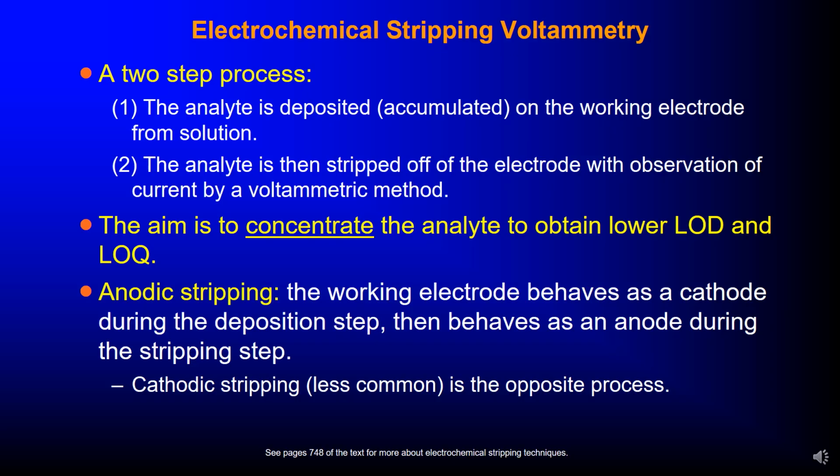One is the area of the mercury film electrode, or the size of the mercury drop when using a hanging mercury drop electrode. You also look at the deposition time. They also have the rest time, and we also have the rate of stirring, and lastly the scan rate during the stripping step. Very important for us to take note of.